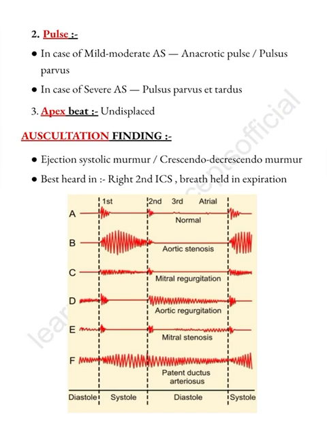But in opening, it doesn't make any sound. As all of us know, S1 is produced by mitral and tricuspid valve closure, which is the beginning of ventricular systole, and S2 by aortic and pulmonary valve closure, which is the beginning of ventricular diastole.